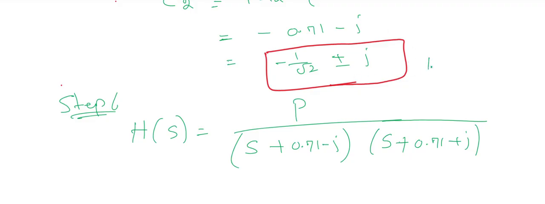So H of s is equal to 1 by s minus of this one, minus 1 by root 2 plus or minus j. So minus of that gives plus 1 by root 2 plus j and plus 1 by root 2 minus j. You can write it either way.